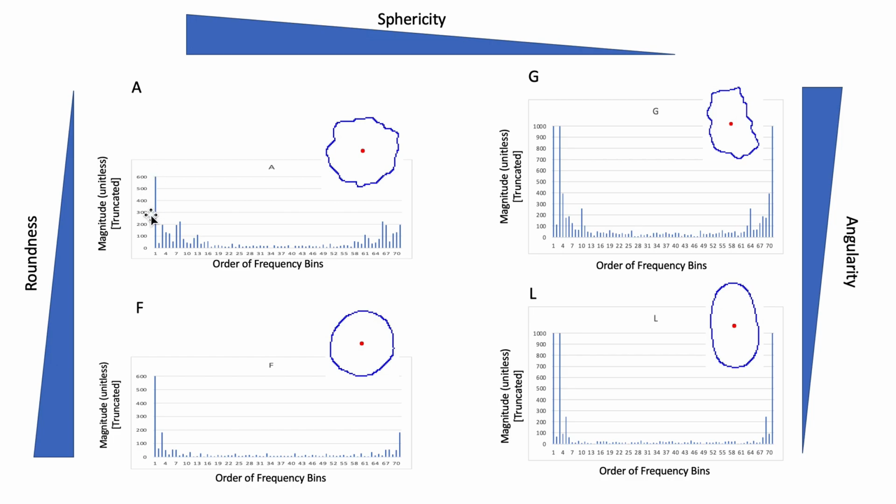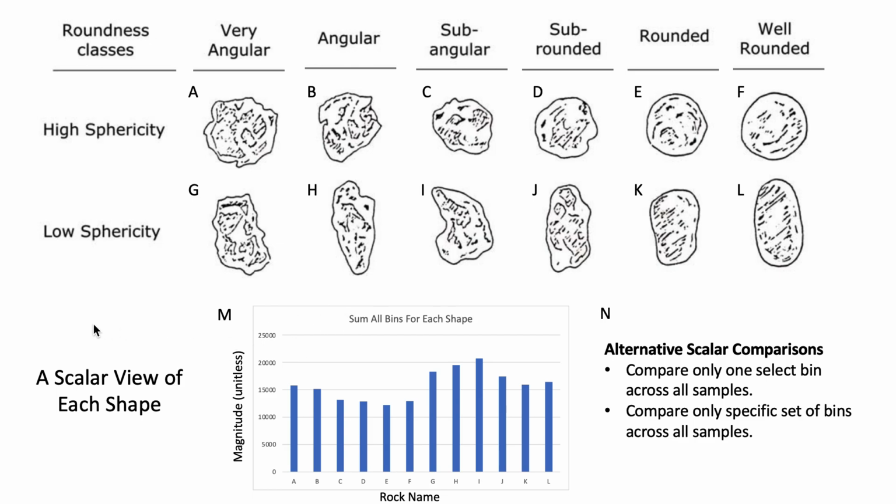Notice the scale here: 600 here, 1,000, and we modified it to enhance the effect of scale. You can see that each shape can be distinctly quantified. It can be represented in this multi-dimensional manner. And lastly, it is possible to have one scalar value representing each object.